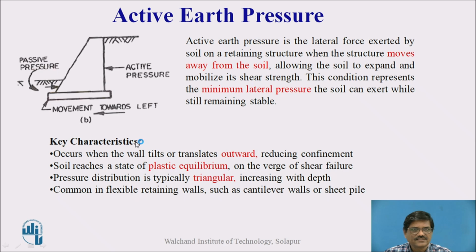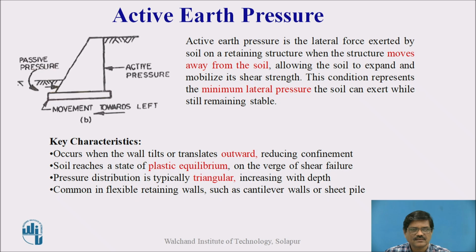The key characteristics of this active earth pressure is, again, it occurs when the wall tilts or translates outward. Outward means away from the backfill, then only this particular earth pressure gets initiated. Then the soil reaches a state of plastic equilibrium on the verge of shear failure.